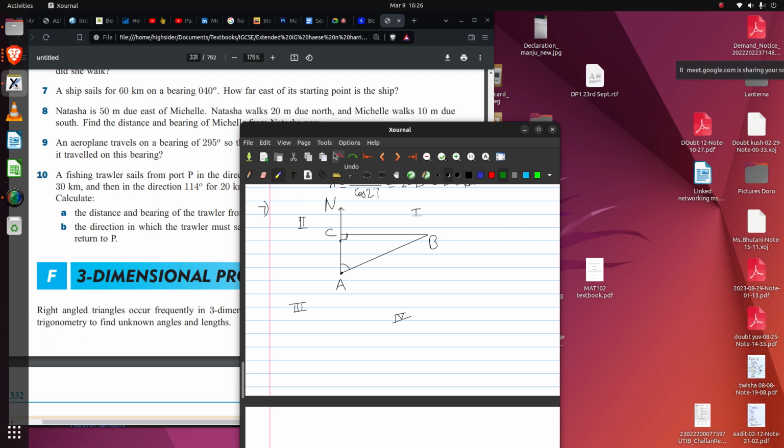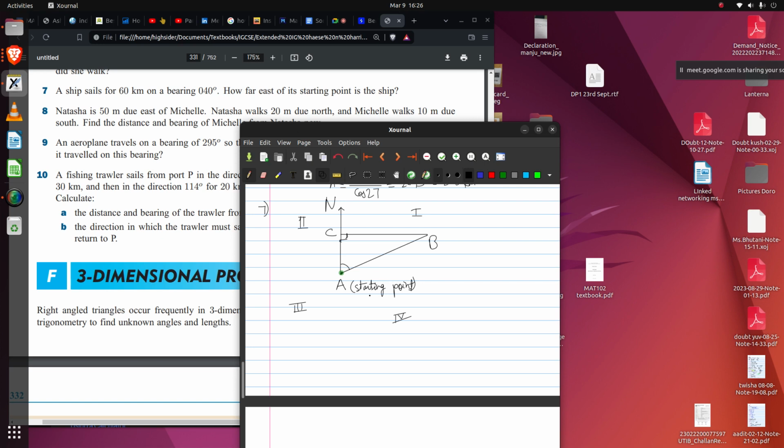Like when you draw the angle from north to sea, would that be 40 degrees? Not possible. The north that we saw was from A, because A is the starting point, no? From A you are going to be diagonally at a 40 degree angle.